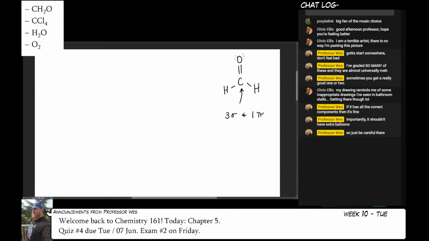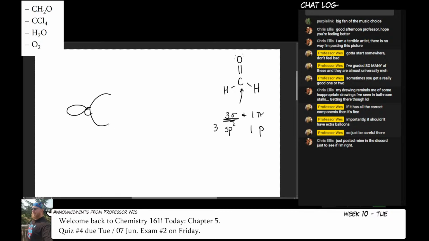So I'm going to need... that's not what I meant to write. I didn't mean to write sp2. I need this and 1 p orbital. So when I draw my carbon in the middle over here, I would have, in some direction, I'm going to go like this.